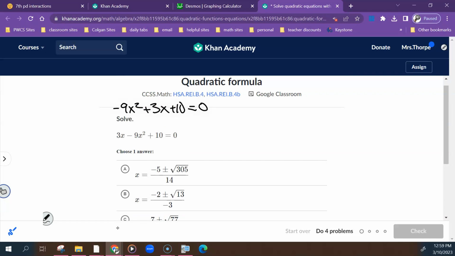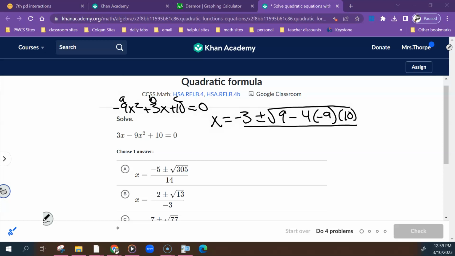So we would label, and then start putting everything into our formula. X equals negative 3 plus or minus the square root of 3 squared, which is 9, minus 4 times A times C, all over 2A.